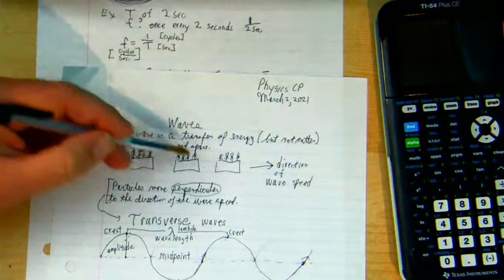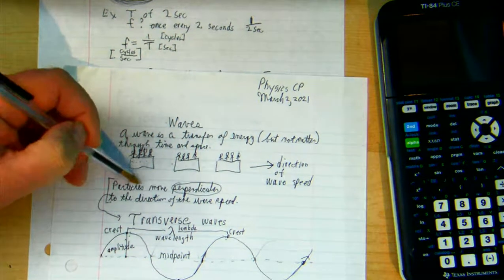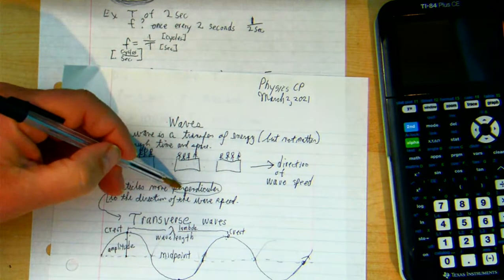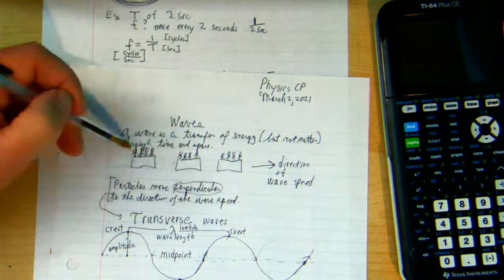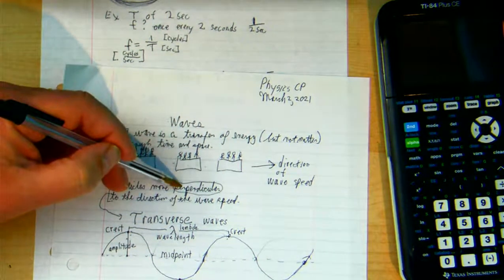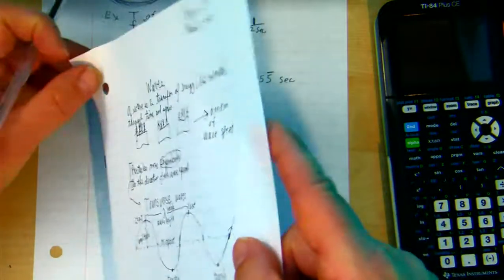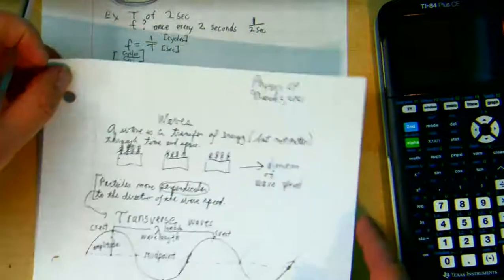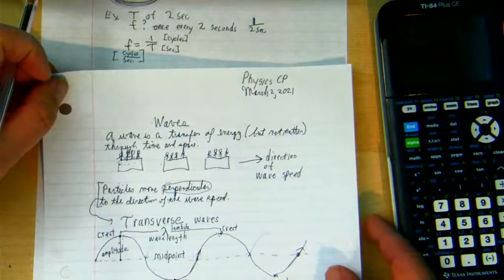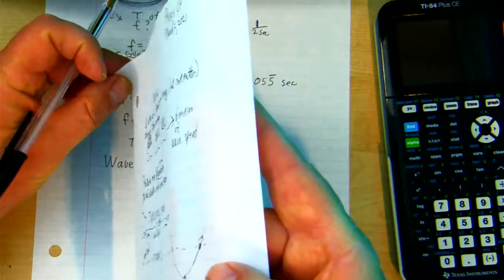And by the way, don't claim that the particles move vertically. It's true in this example, the student stood up and sat down, and that's vertical motion. But what if the wave were heading through? The wave can travel in any direction. Sure, it can go to the right, but it can also go vertically up.